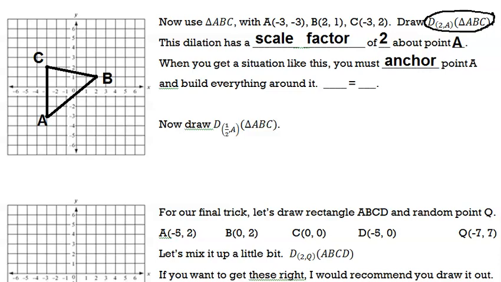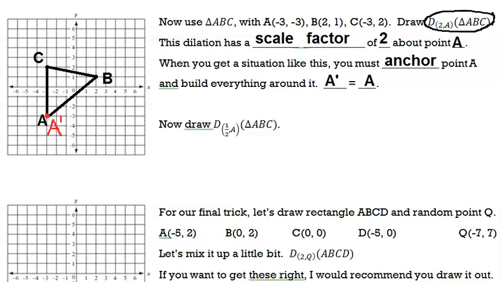Point A is going to be anchored. Everything else is going to expand around it, but point A is going to stay the same. So again, A prime is going to be exactly where A is. A is not going to move. It's the other two that are going to stretch to accommodate it.